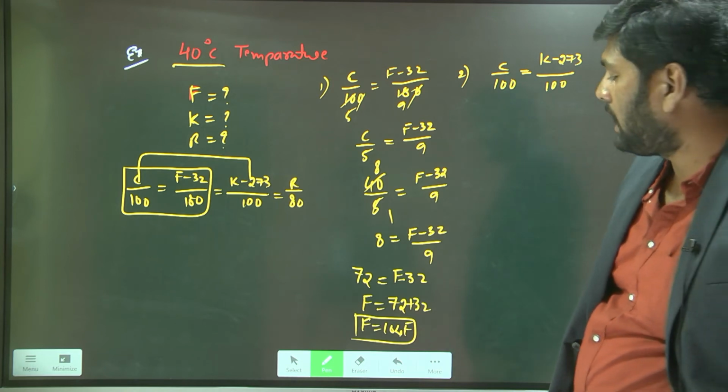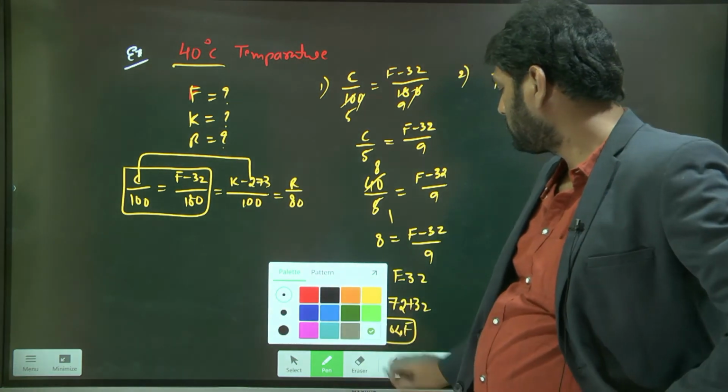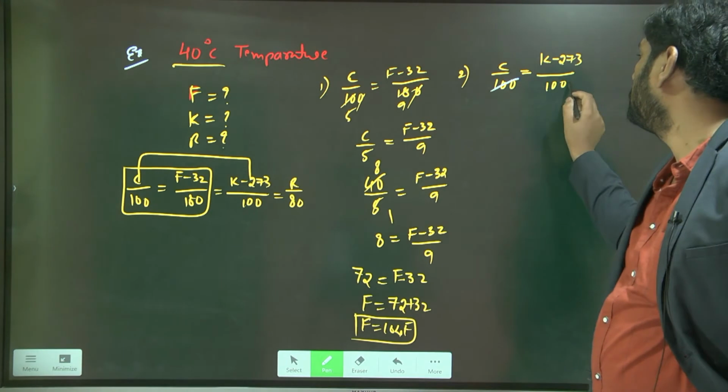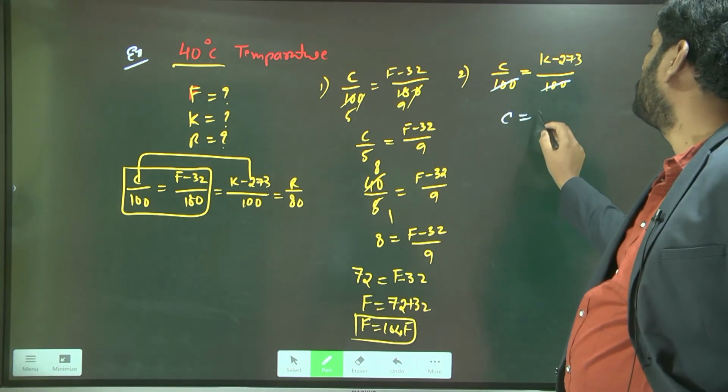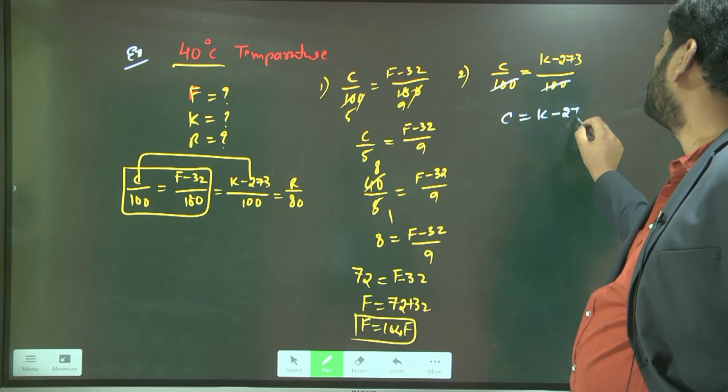Any cancellations? Yes, the 100s cancel, so C is equal to K minus 273.